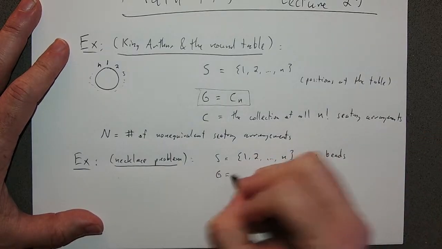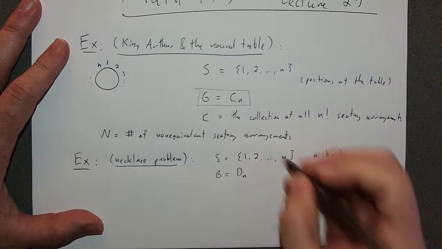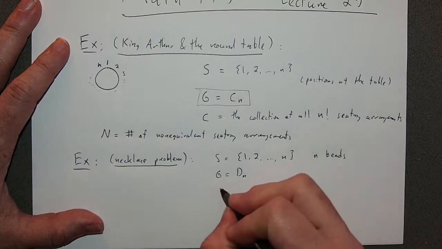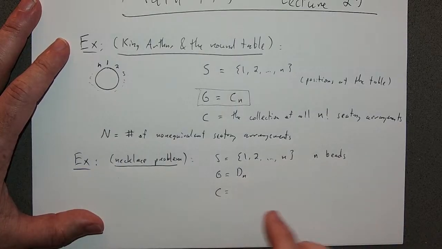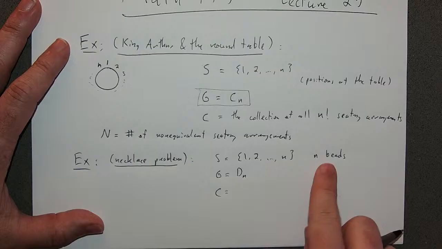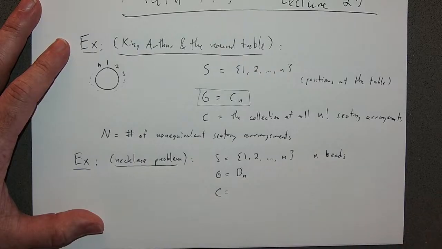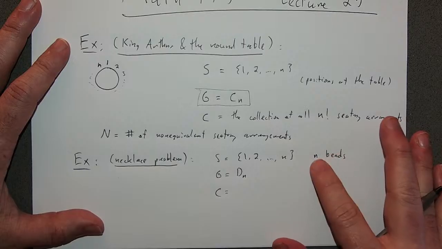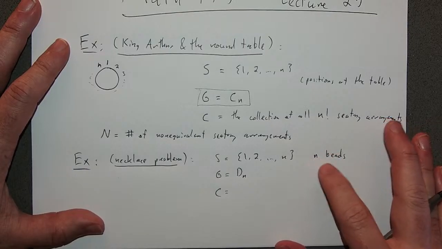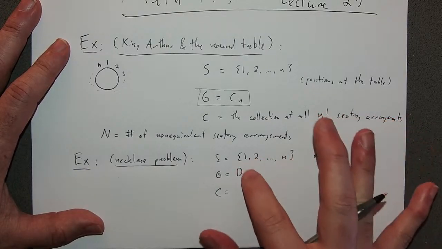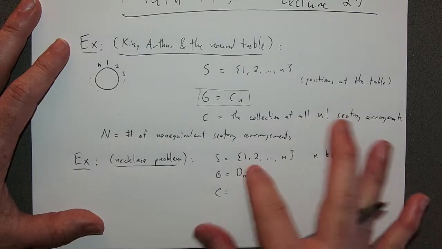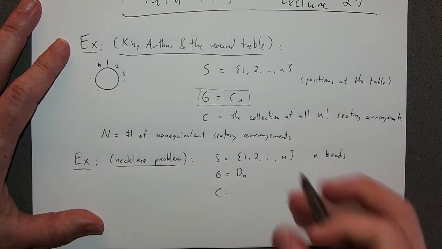Our symmetry group now is the dihedral group on those n beads. And C is the collection of, if I can use m colors for any of the beads, and the beads within each class are completely indistinguishable, just by the product rule, there's n slots. Each of them could be colored in m distinct ways, and there's no restriction on how I do the coloring.